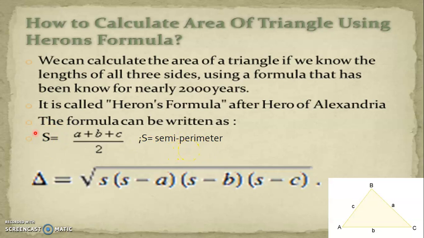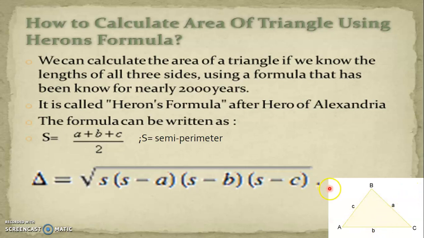Now, what are these a, b and c? See here, students, on the right side you can see this triangle ABC. The sides are small letters a, b and c.